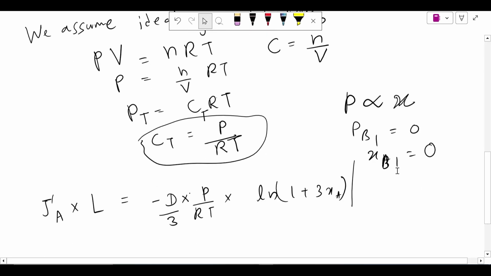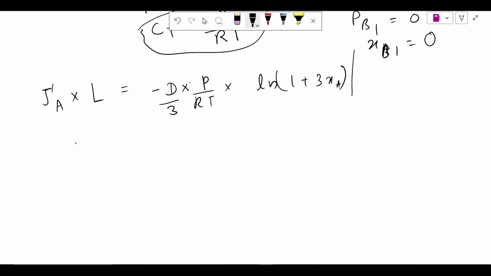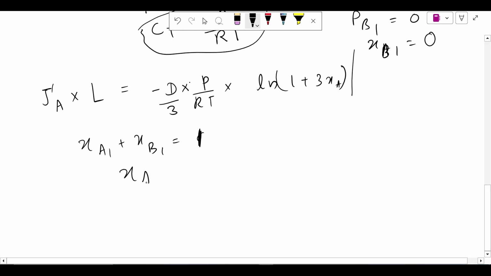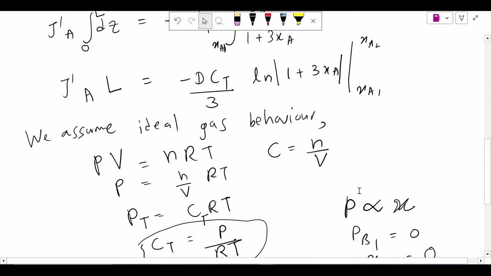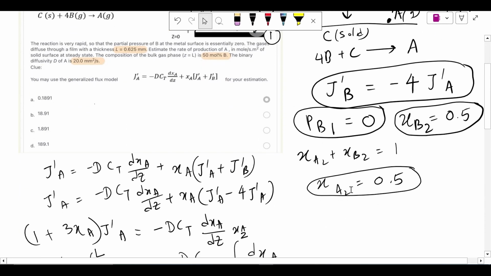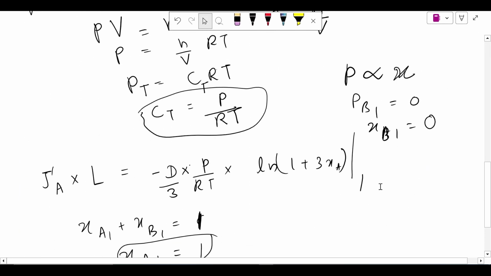So from the total fraction equation, XA1 plus XB1 is 1, so we can get the XA1 value as 1, right? And the XA2 value is 0.5.